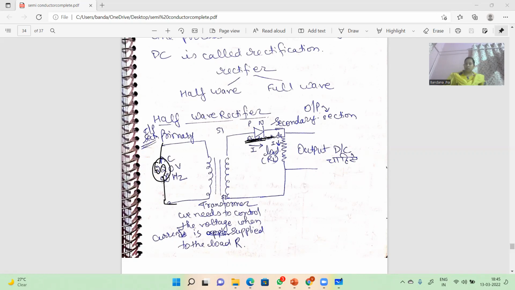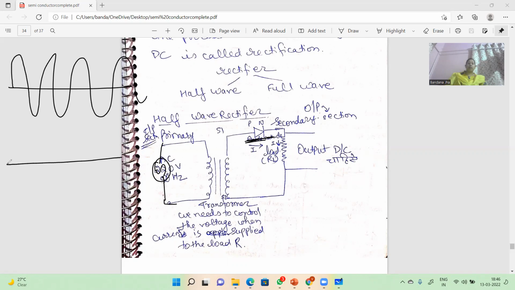Now here we are using the PN junction. Now this is very important. This is positive wave, negative wave, positive wave, negative wave.